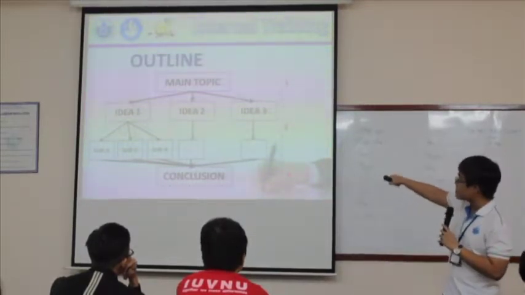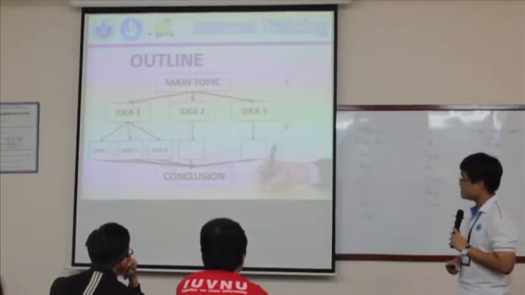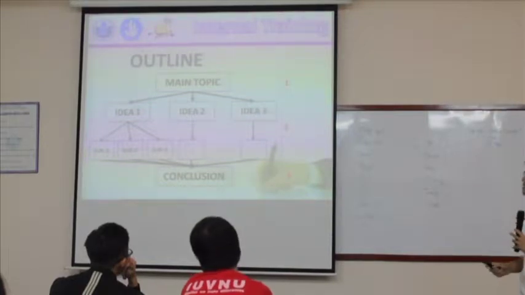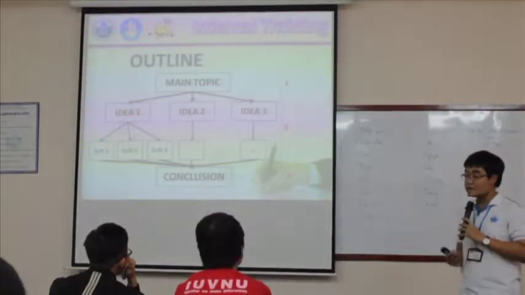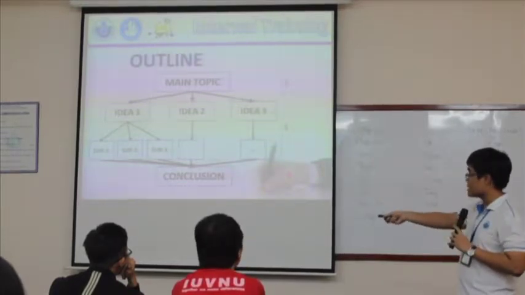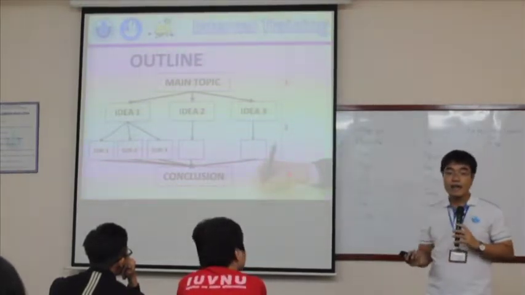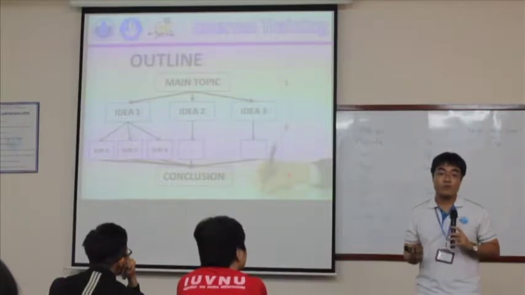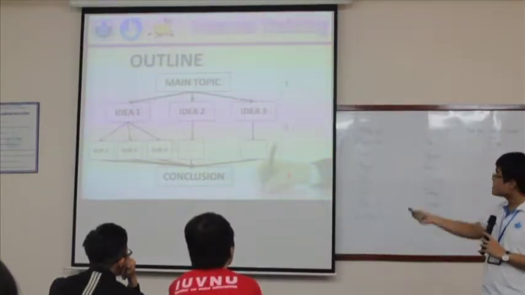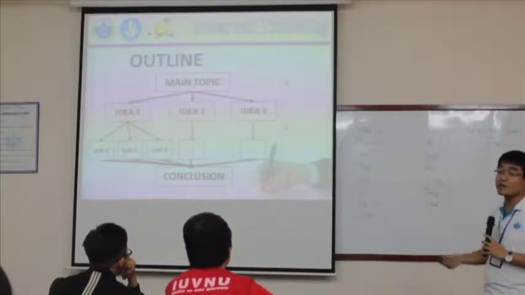And you do the same thing for the rest 2 main ideas. And when you have all of this information and sources, you will combine them together to form the last but not least, the conclusion here. So you can see that we have gone through 3 steps or 3 parts. First, the introduction, then the body, and finally the conclusion.